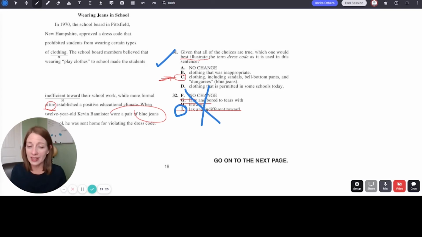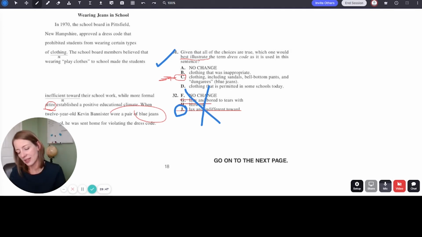I guess those are different enough. So you have proof that your teachers are not perfect. Now you know. So far, I'm curious to see what my score will be on this. I should have chosen 32, the lax and indifferent.